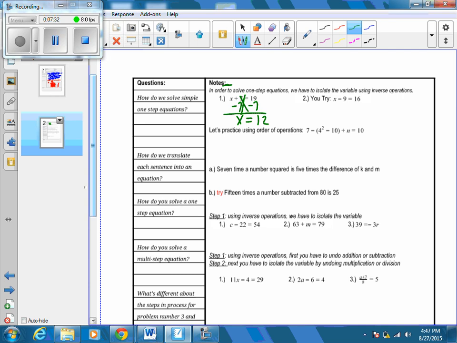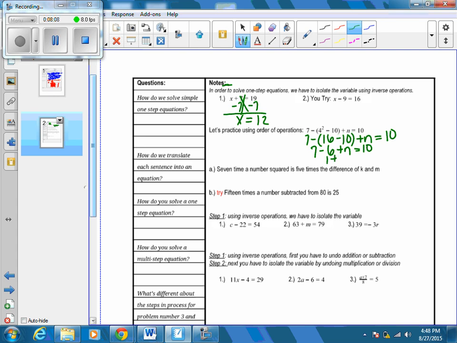Okay, the next one says, let's practice using order of operations. When we talk about order of operations, I have to work from inside out. So I have 7 minus, and in parentheses, let's take care of that exponent. I have 4 squared, which is 16, minus 10, plus n equals 10. So then I have 7 minus, 16 minus 10 is 6, plus n equals 10. 7 minus 6 equals 1.